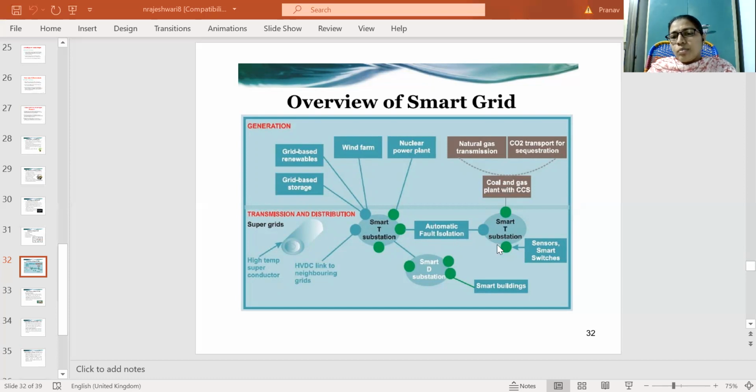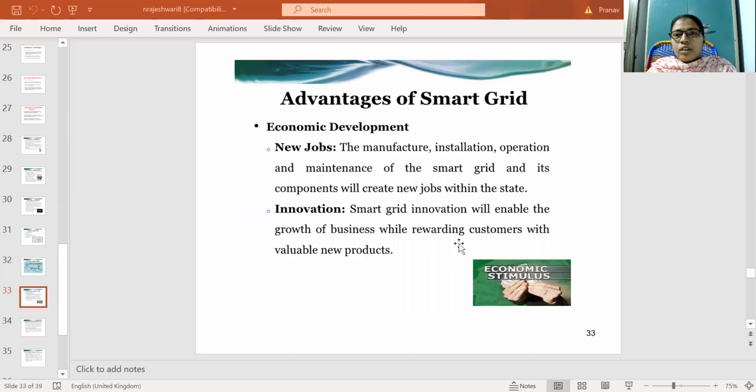The T substation has sensors and smart switches, which give the sensing relays, and by using these smart switches, it will operate the smart grid for charging the vehicles in electric transportation. So this is the overview of a smart grid.